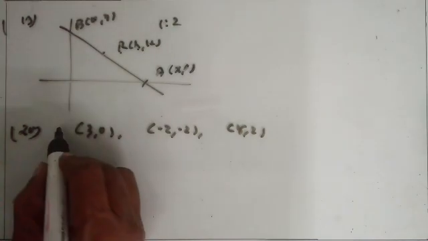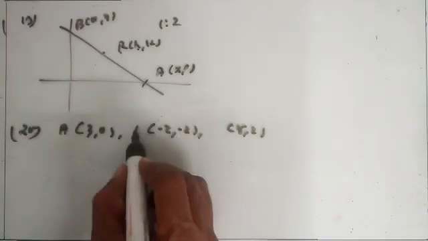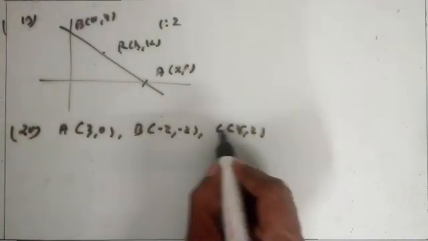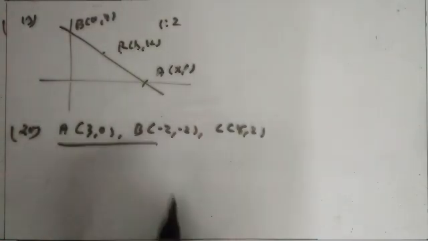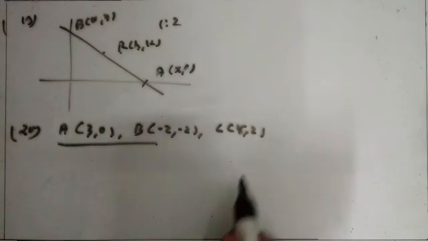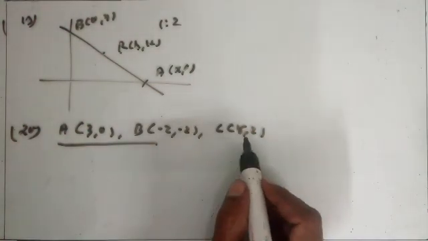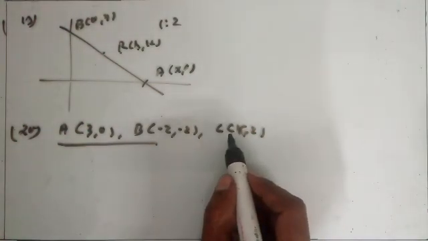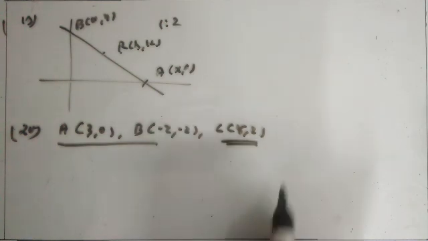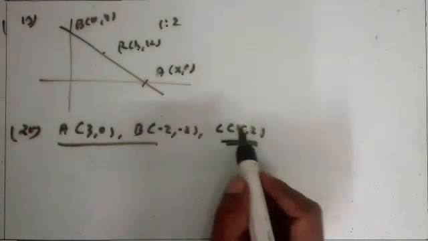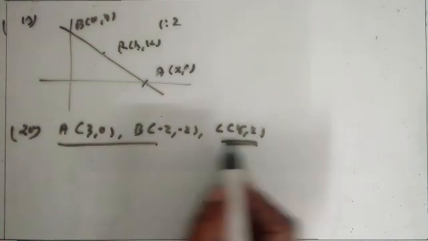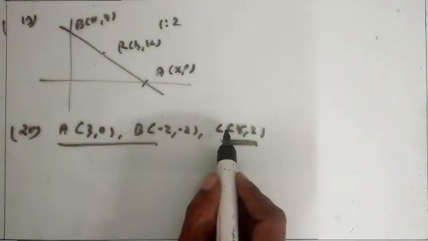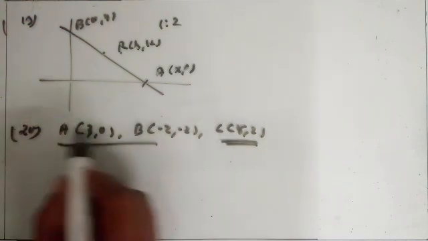First, suppose first point is A, second point is B, and third point is C. Find equation of line passing through AB. And replacing x and y by the third point's x coordinate and y coordinate, if we satisfy this equation of line, then we say that this point C lies on this line AB.